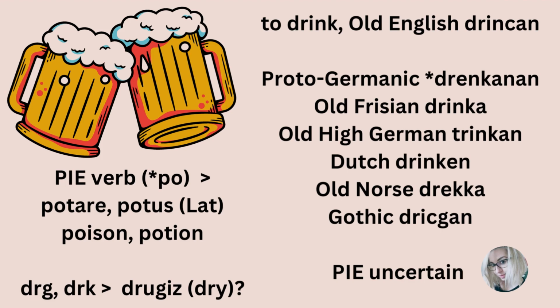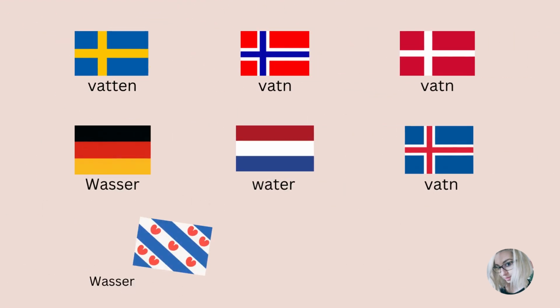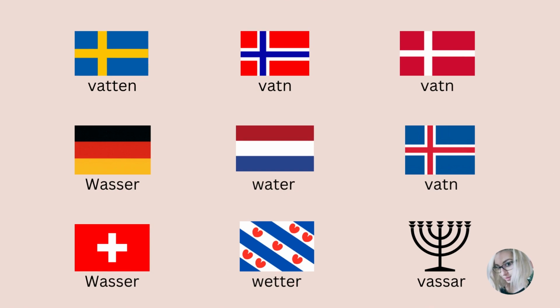Okay, so I'm going to present to you a couple of examples of words, very common words, about beverages, and let's try to see what they look like in several Germanic languages. Of course, I only have 9 examples here, but there are more than 9 Germanic languages, so keep that in mind.